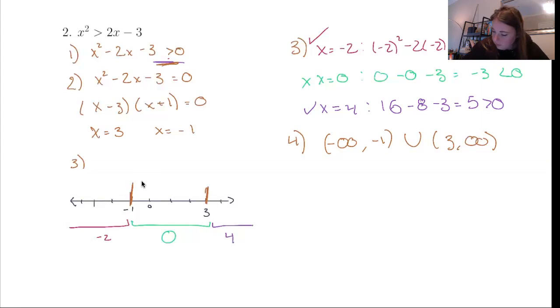Great. Other ways you could have written that is x greater than 3, x less than -1. I wouldn't write them together because that looks like x needs to satisfy both of those things at the same time, which is not possible.